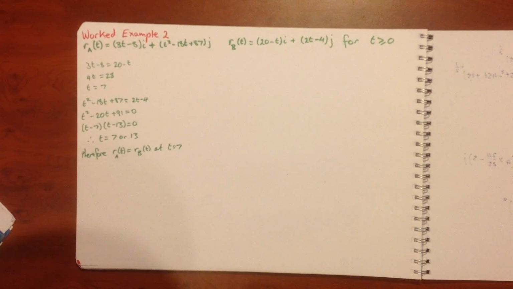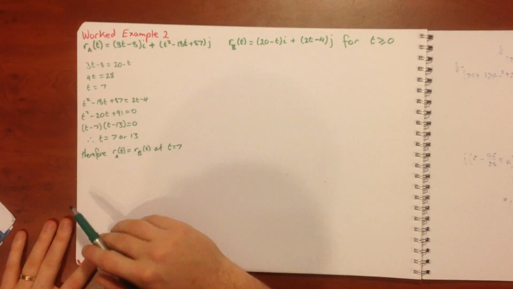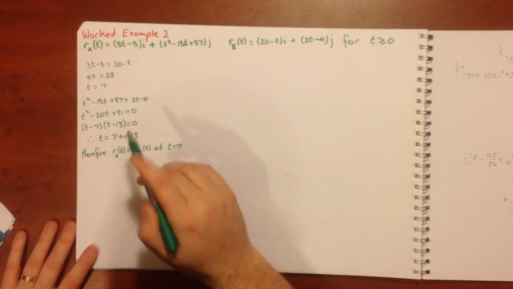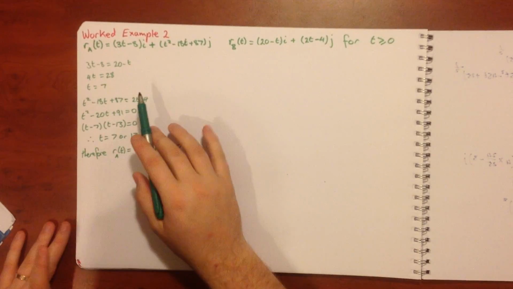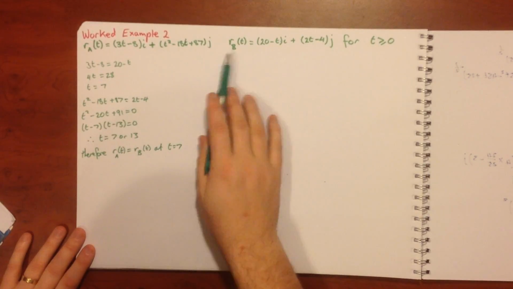Okay. So what we need to do now though is actually find where that position is. Now of course we know that they're going to collide at that time. So we don't need to actually find it for both of them, we can just find it for one of them. The easier one would be of course to look at this one.